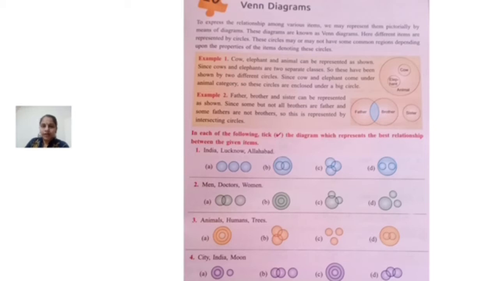We can make the categories like animals, means tiger, lion, then giraffe. When we say vegetables, we can say onion, potatoes. When we say tell the names of fruits, then we immediately say mango, banana, grapes. So we all know these have different categories.